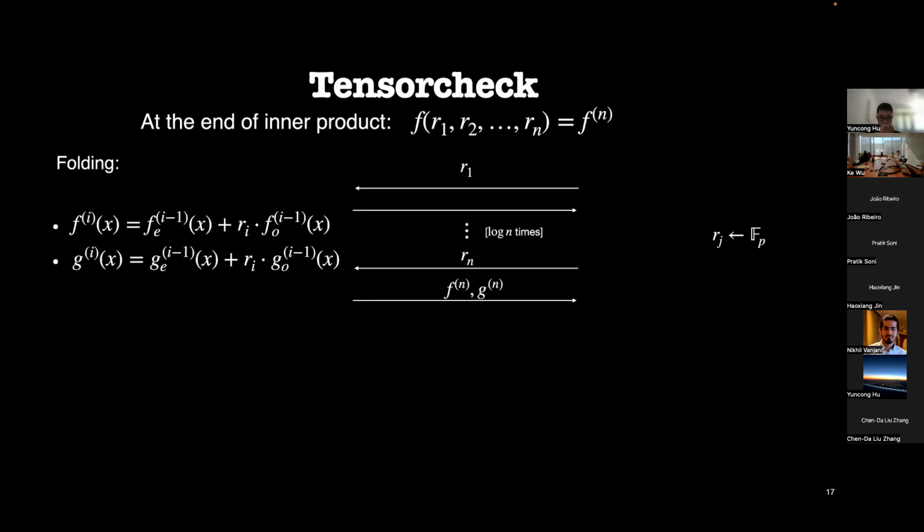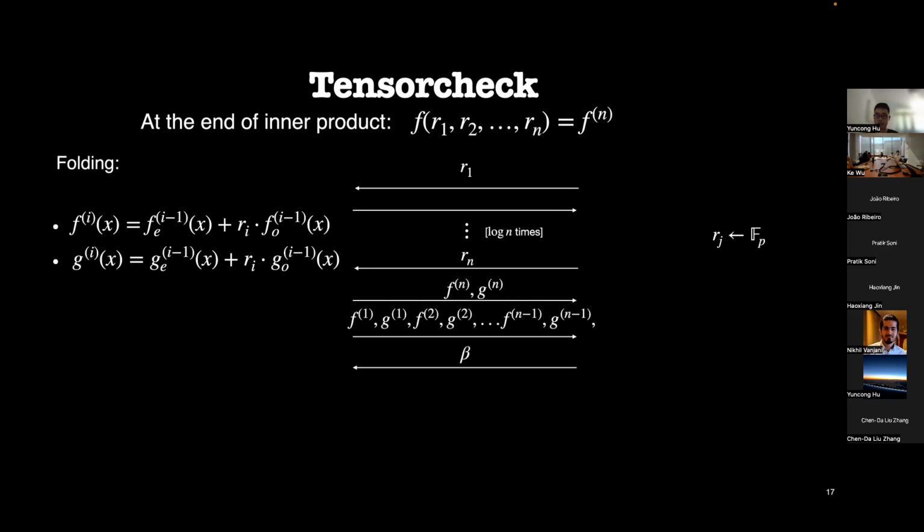So this is the inner product protocol, as I showed before. And how the tensor check looks is that in the later rounds, the prover will just send all the intermediate folding results to the verifier.